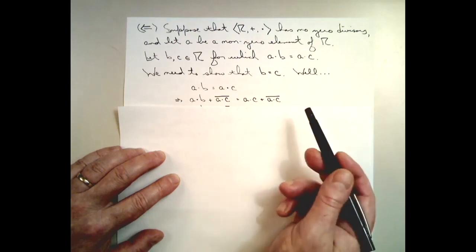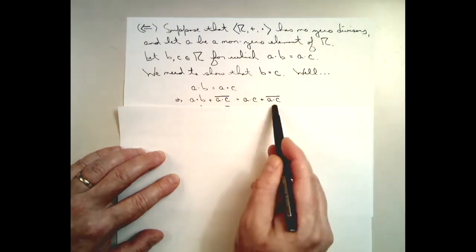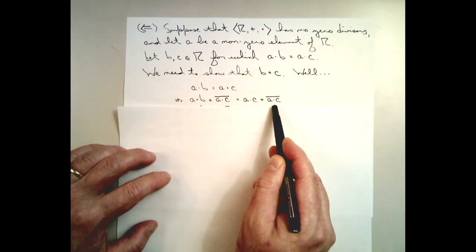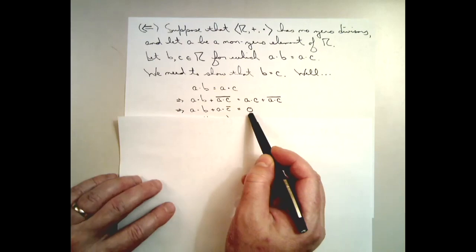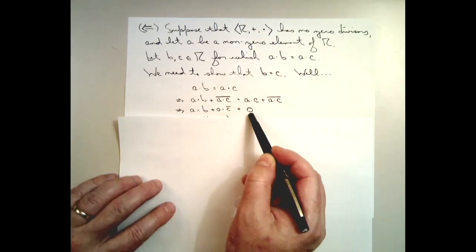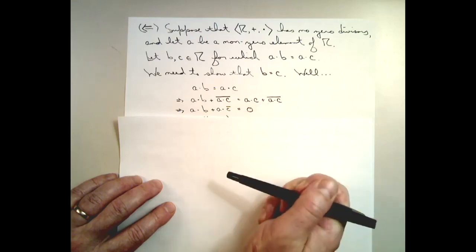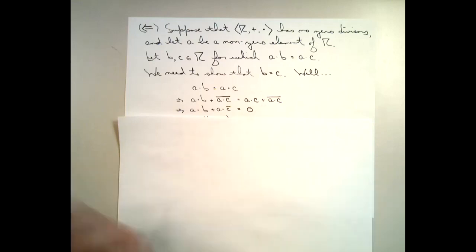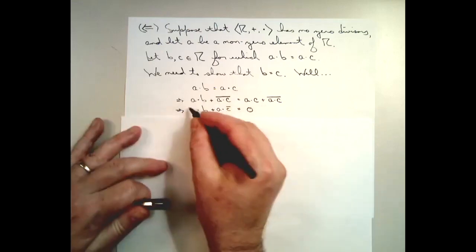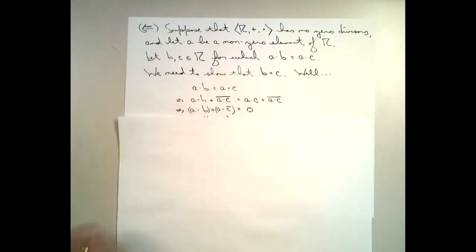A ring with respect to addition is an abelian group, so we have an additive inverse of A times C. Of course, whenever I do that on the right, I'm just going to get the zero element, the additive identity, because I added the additive inverse to A times C. Over on the other side, this probably is a little bit clearer if I put parentheses around those two elements.